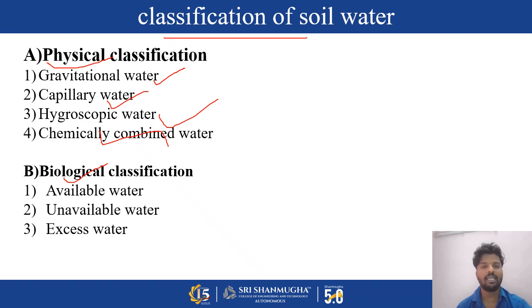For completeness, it is not considered soil moisture and is unavailable to plants. Apart from these four types, there is another type majorly considered by scientists, that is film water, which is not classified in this slide.